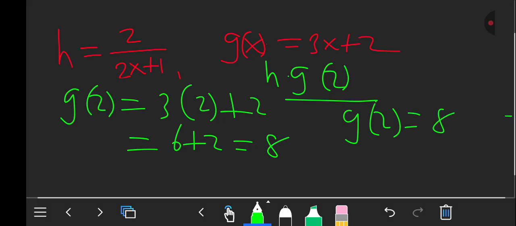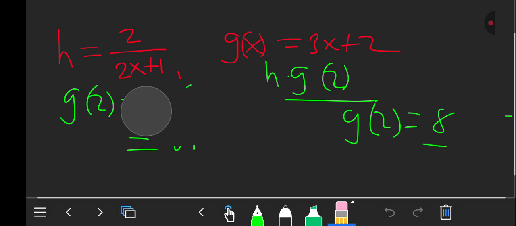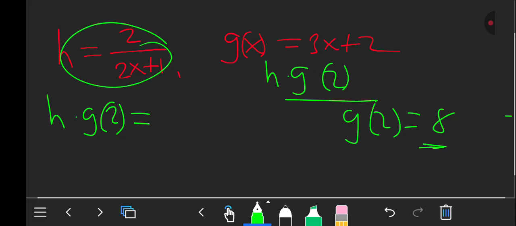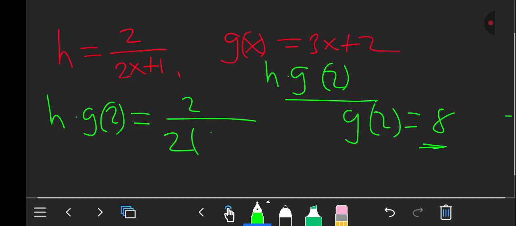Now, having g of 2, this 8 is substituted in h of x. So this is the simplest way if you want to find the answer very fast. To get hg of 2, I'll substitute 8 in this function. So I'll say 2 over 2, where there is x, substitute 8, then plus 1.